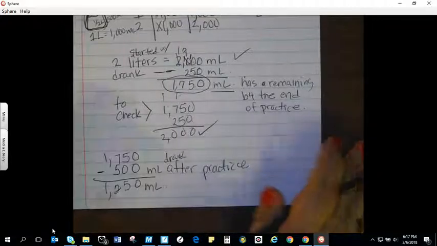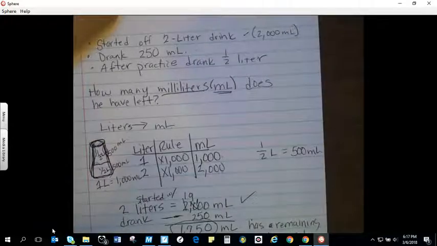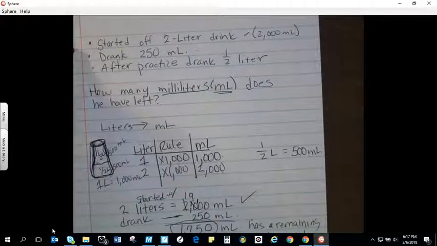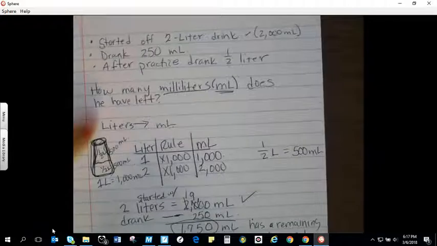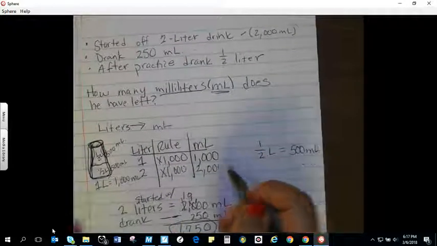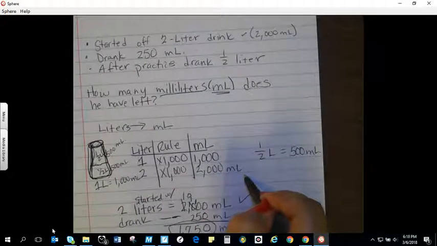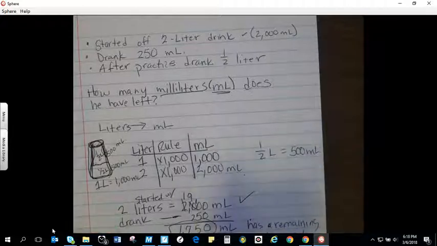All right, so remember that you can stop and look at everything that I've done. Look how I had to bullet that, rephrase that. Then I had to go from liters to milliliters. Then I took this one here, started off with 2,000 milliliters, and then I started subtracting out.